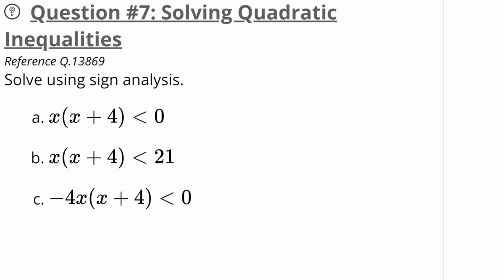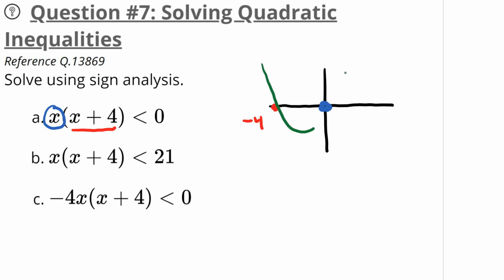I like these particular problems because they're factored already. When they're in factored form like in question number 7, you need to find the zeros right away. As soon as I see this, there's a 0 at x equals 0. And when I see x plus 4, you just take the opposite, which is negative 4, right? Since this is a positive leading coefficient, this opens up.